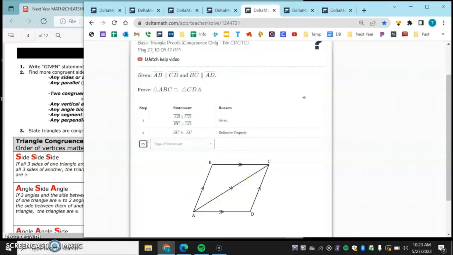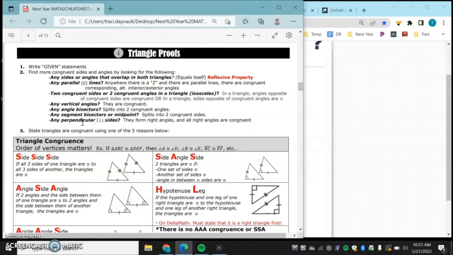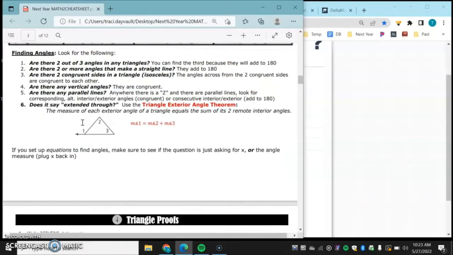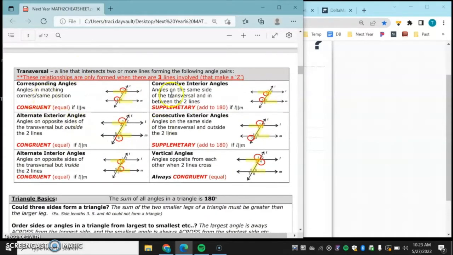Next, remember these marks don't tell us that anything are congruent. Those are the marks for parallel. When there are parallel sides, we're going to look for that Z shape to see if there are any corresponding, alternate interior, or alternate exterior angles. That's a throwback from this back here.